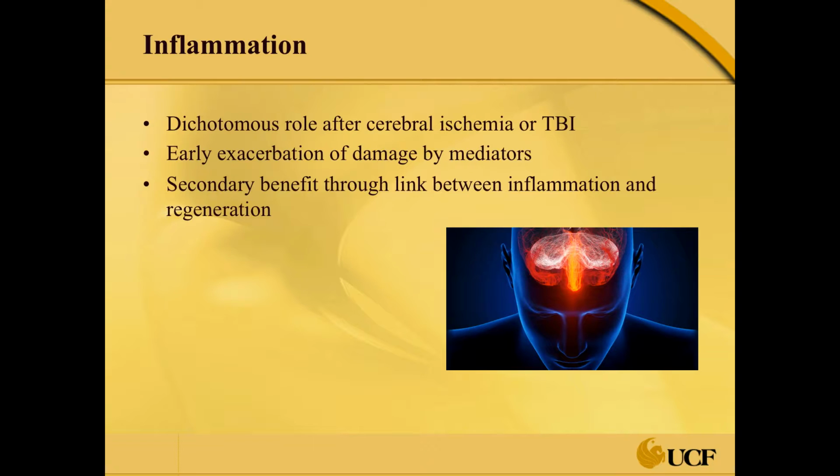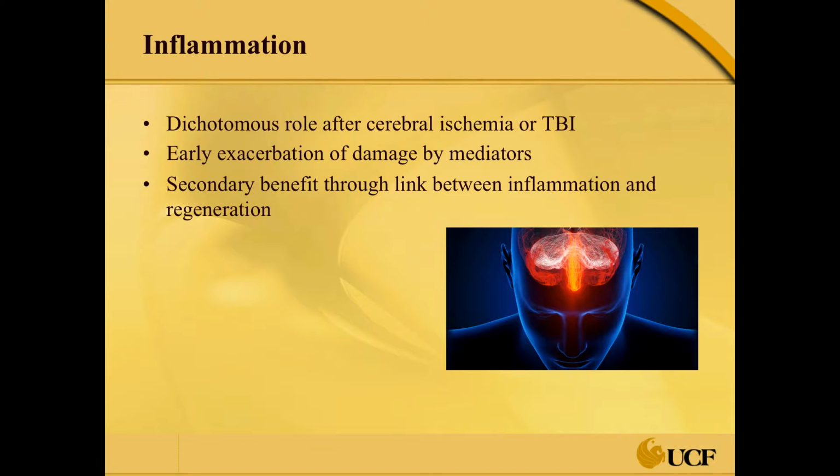Okay, inflammation. It has a dichotomous role after cerebral ischemia or a TBI, and early exacerbation of damage by mediators can occur. So unfortunately, that inflammation that results in the release of cytokines and bradykinin and all those things that we know are associated with the inflammatory process can in fact cause further damage in neuronal tissue.